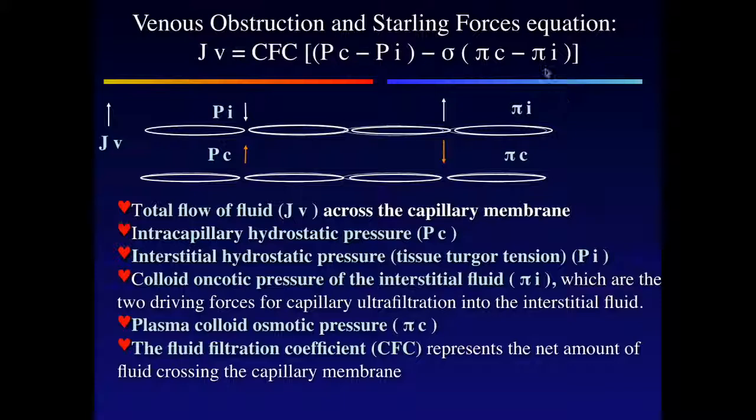Here is the so-called Starling equation, which actually, JV, I'm not going to go through the equation, talks about the hydrostatic and the oncotic relationships across the capillary. So that if the hydrostatic pressure increases relative to what occurs in the tissue, fluid will flow out from the capillary into the interstitium.